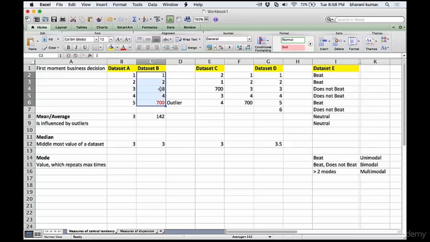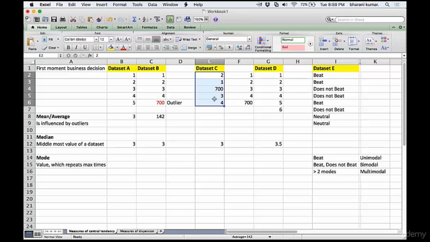Now if I choose a different dataset altogether, dataset C, and if you go with this definition that median is the middlemost value of the dataset, you might be tempted to say that 700 is the median. But remember, median is not influenced by outliers.